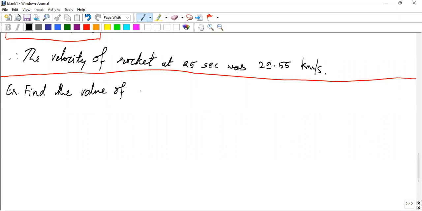Find the value of y at x equal to 7 using the following data.